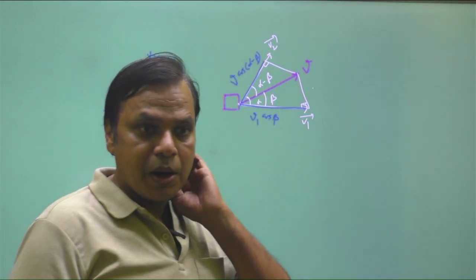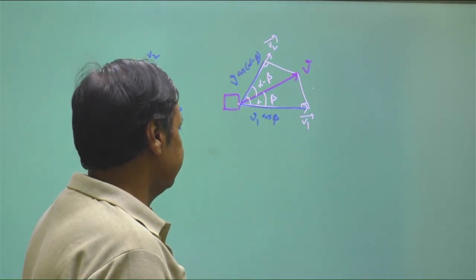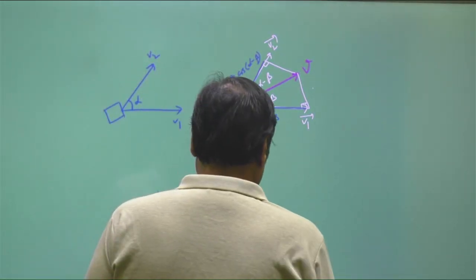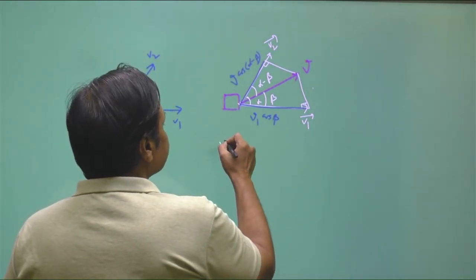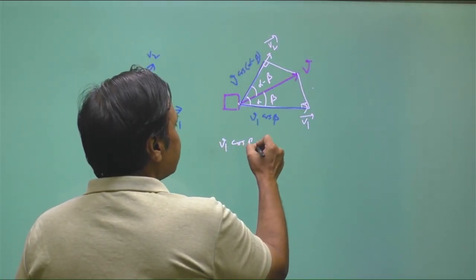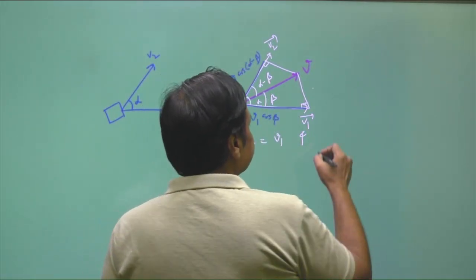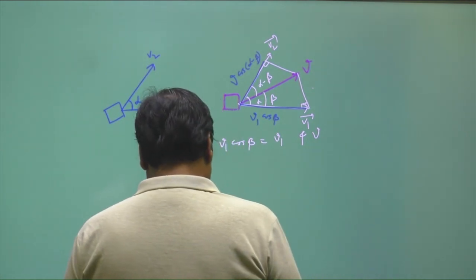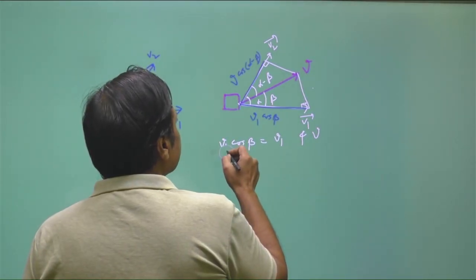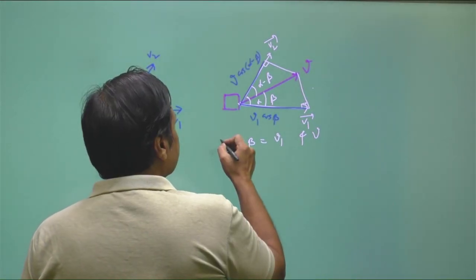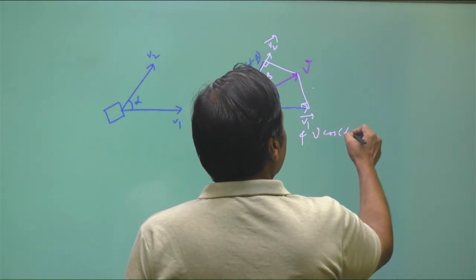So I guess according to the problem, this v cos beta should be v1, and v cos alpha minus beta should be v2.